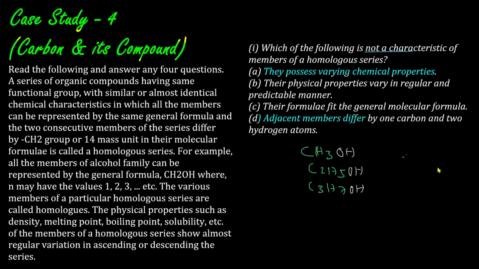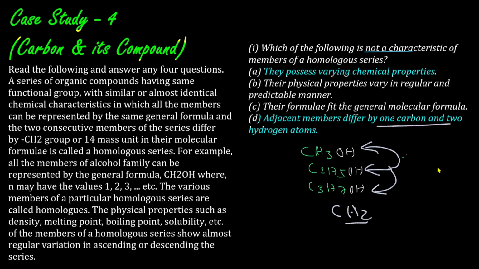Now, the adjacent members differ by 1 carbon and 2 hydrogen atoms. You can figure out, let's say this one varies from its preceding as well as succeeding member by CH2. You can check it. If you take the difference of carbon and hydrogen, you get a difference of 1 carbon and 2 hydrogen, that is CH2.